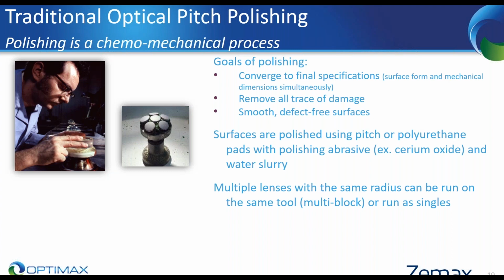Other goals of polishing are to remove all traces of damage. So we have to make sure there are no defects on the surface or any subsurface damage below the surface, and we need smooth, defect-free surfaces.